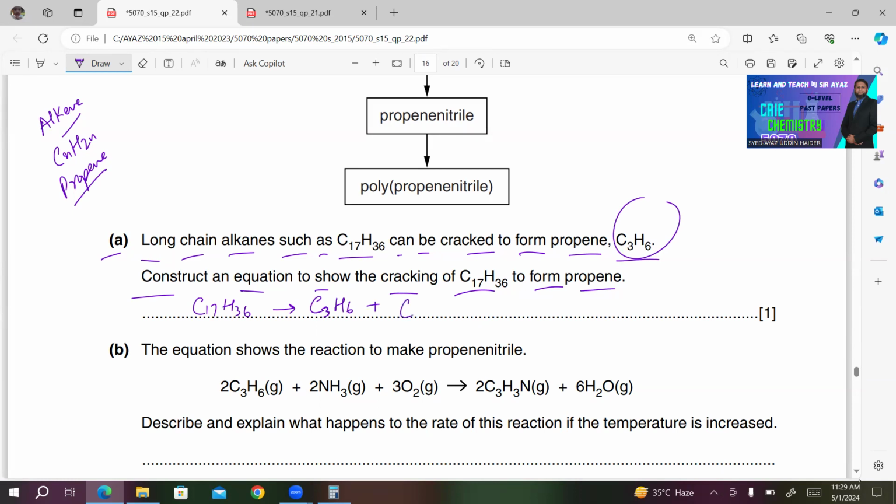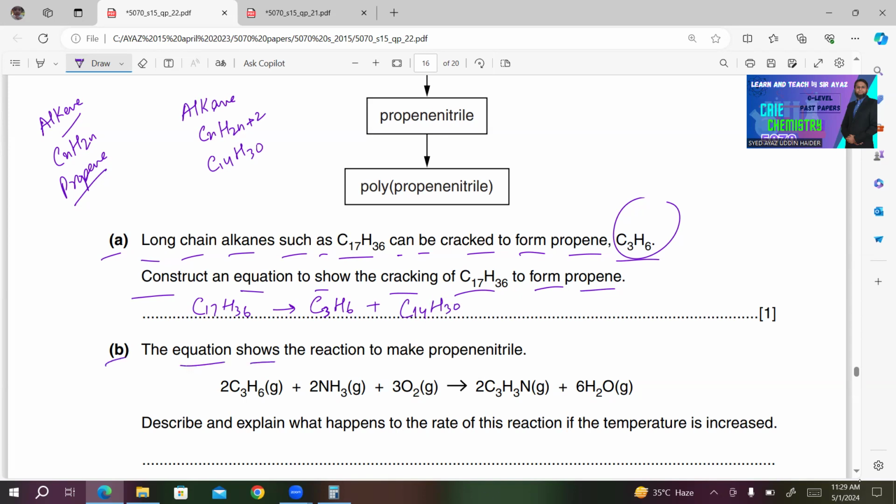C14. So the alkane must be of C14. What is the general formula for alkane? It's CnH2n plus 2. C14: 2 multiplied by 14 is 28, 28 plus 2 is 30. So you write C14H30 here.